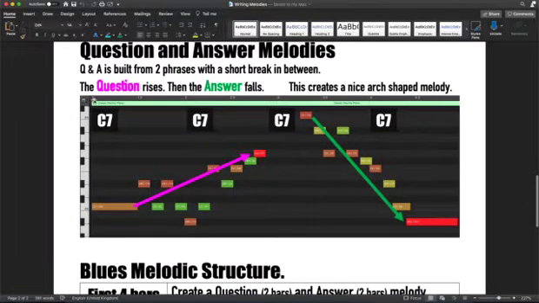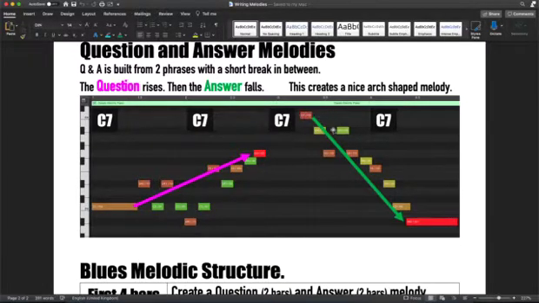So you can see up here I've got bar 1, bar 2, bar 3, bar 4, essentially. And over the first 2 bars, you want to try and get some sort of ascending melody. It doesn't have to just go up, it can have a nice shape. The idea is it starts somewhere and it ends up higher.